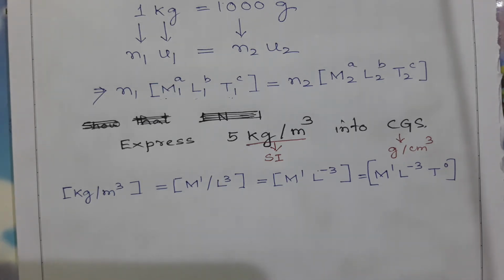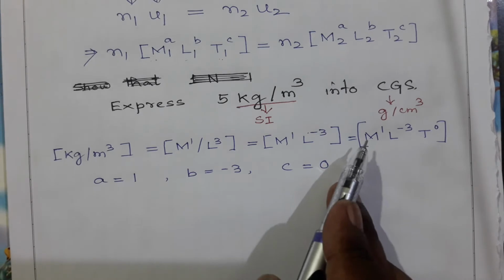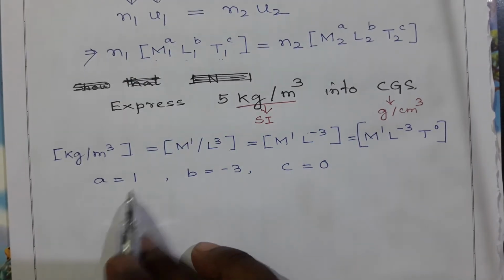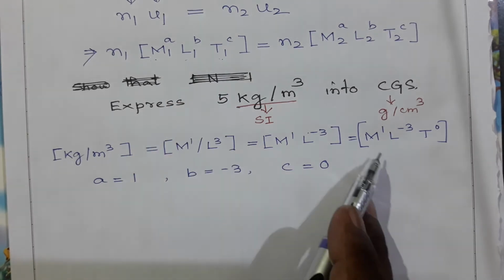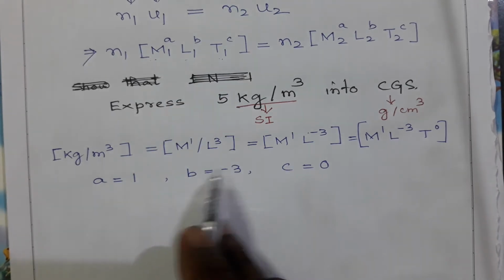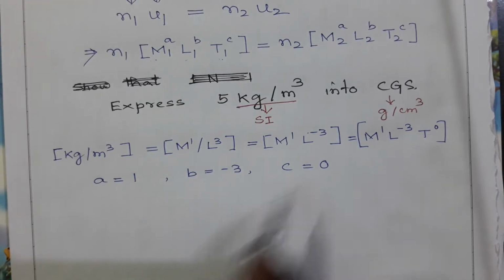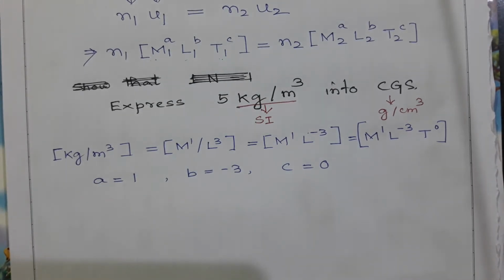Why have I written like this? This will give us the value of A, B and C. So what is A? M to the power A, here M to the power 1, so A is 1. L to the power B, here L to the power minus 3, so B is minus 3. T to the power C, here T to the power 0, so C equals 0.